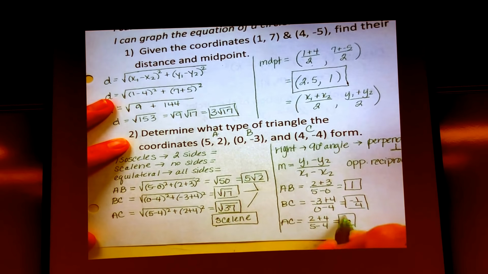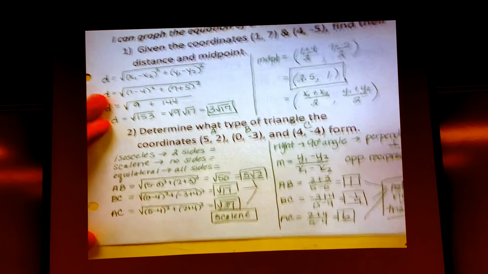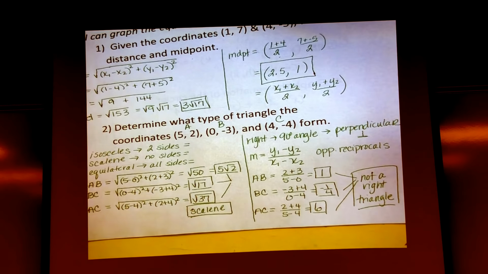All right, so none of these are opposite reciprocals of each other. So what we just proved is that this is not a right triangle. So we know it's scalene, and we know that it is not a right triangle.